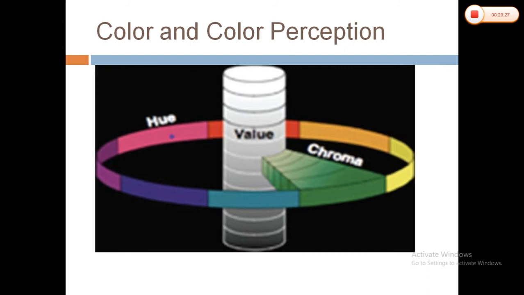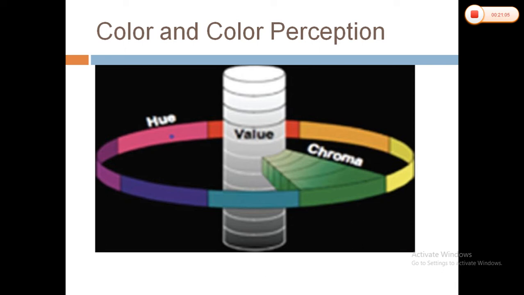Then about color and color perception. For any color, there are three main components, that is hue, chroma, and value. What is hue? Hue is the basic color of an object, say for example green, yellow, pink, blue, whatever it is.